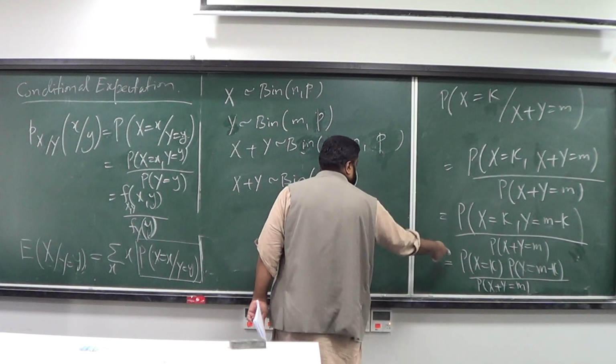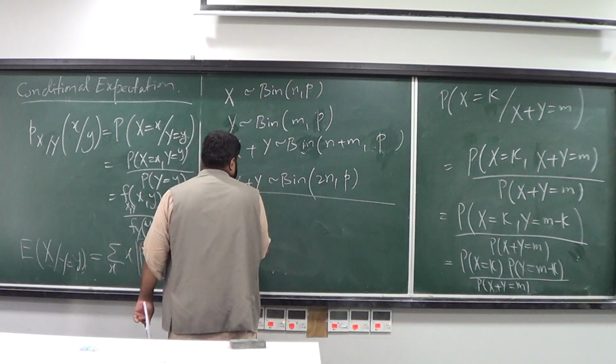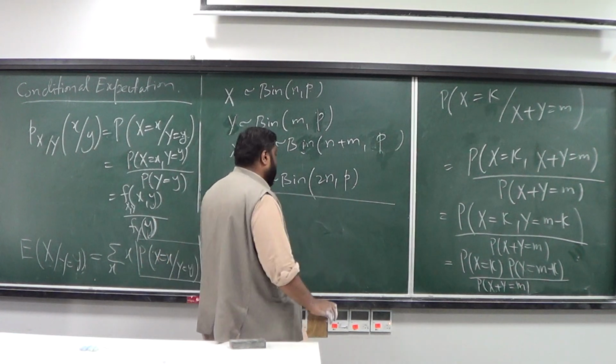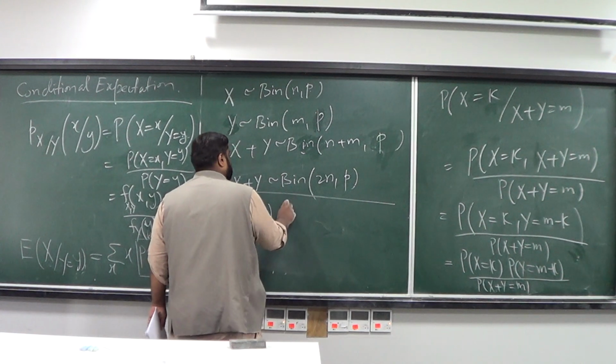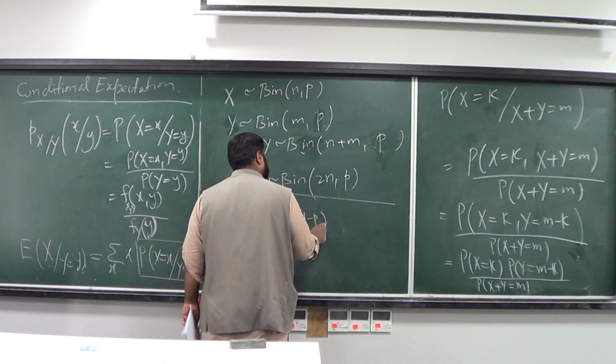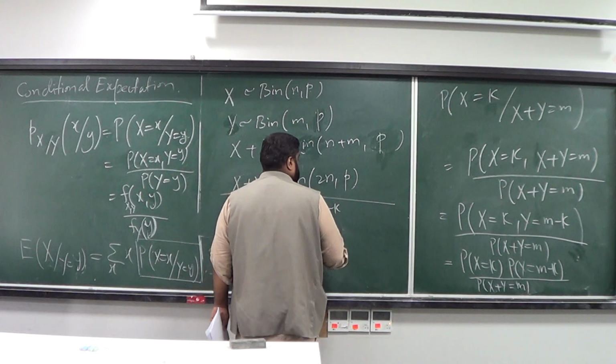And once we know this, then I can directly write this expression. The first expression is going to be n choose k, p power k and 1 minus p power n minus k.